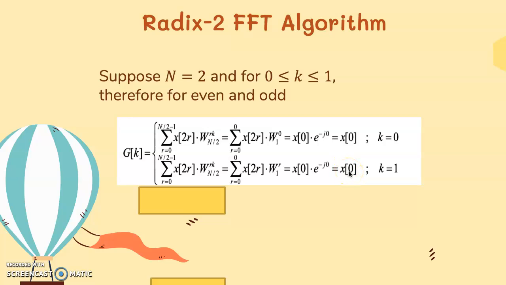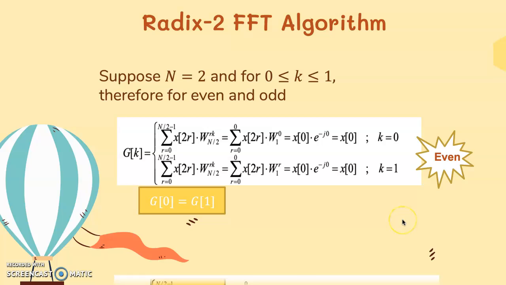So it's the same result as k equals 0, which is x[0]. That means G[0] at k equals 0 is equal to G[1], which is x[0]. Okay, clear? So k here you have to replace from 0 to 1 and then substitute into the general equation, and you get the answer x[0]. For k equals 1, the answer is also x[0]. That's why G[0] equals G[1] for the even term.